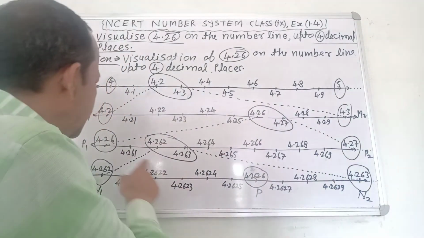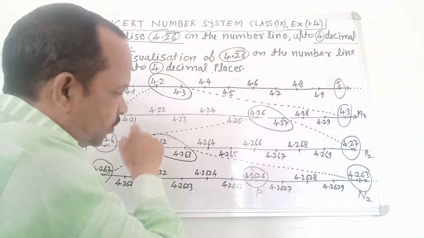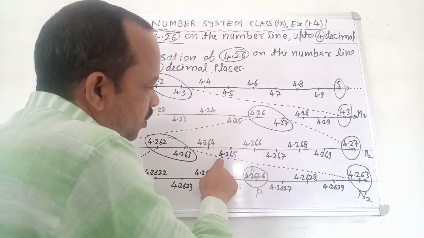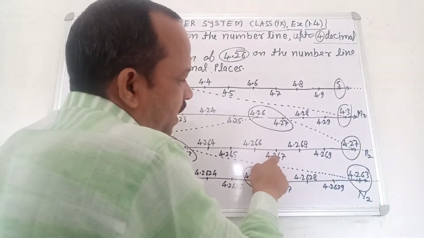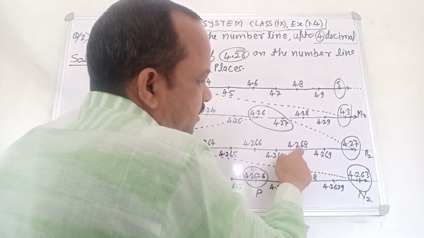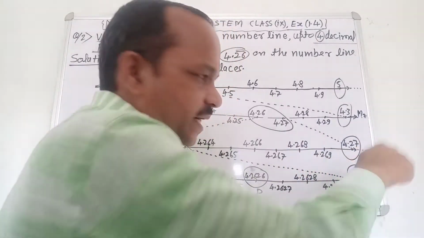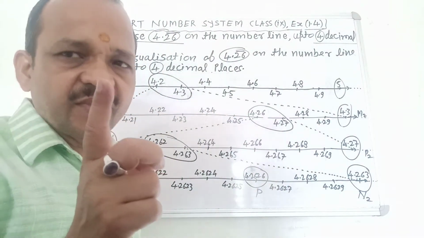Here 4.261, 4.262, 4.263, 4.264, 4.265, 4.266, 4.267, 4.268, 4.269 and here 4.27.